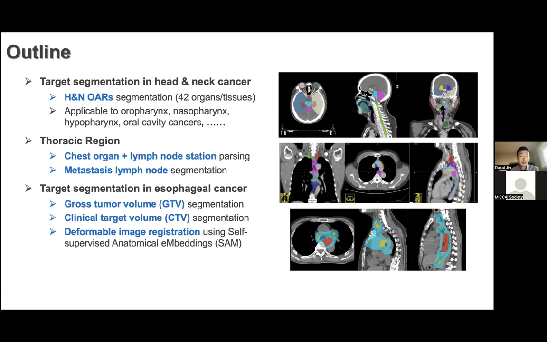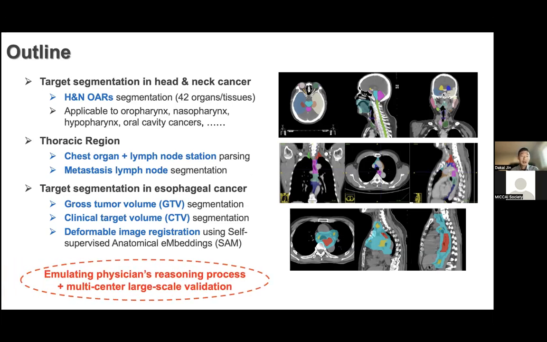And in the third part, I'll talk about some target volume segmentation in esophageal cancer, the gross tumor volume, GTV, and the clinical target volumes. I'll also briefly mention one recently proposed deformable image registration that seems to have very good performance suitable for these tasks.